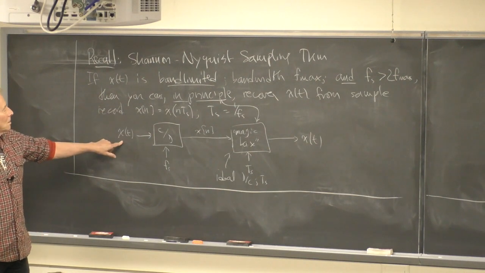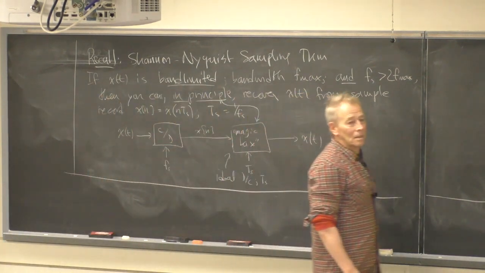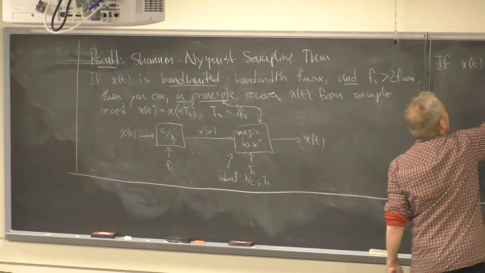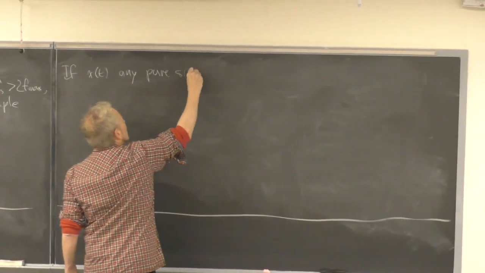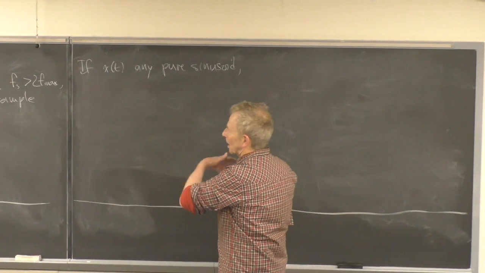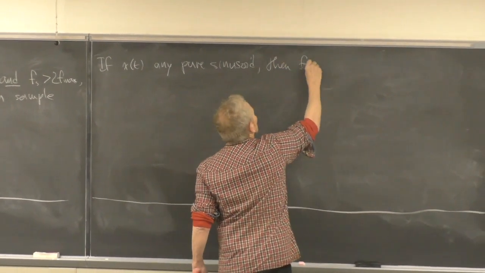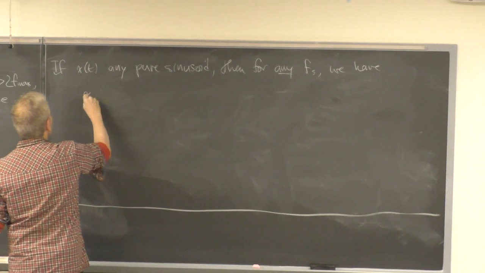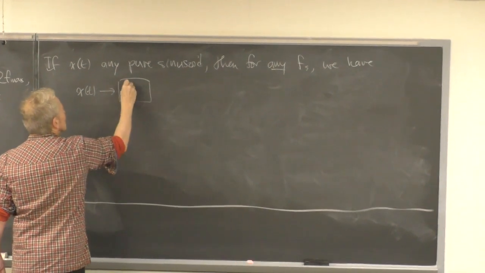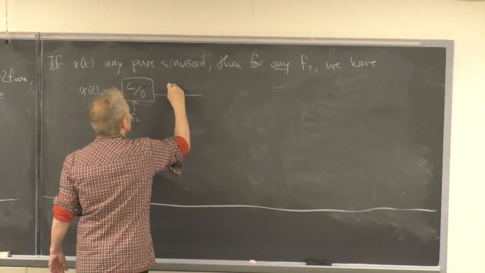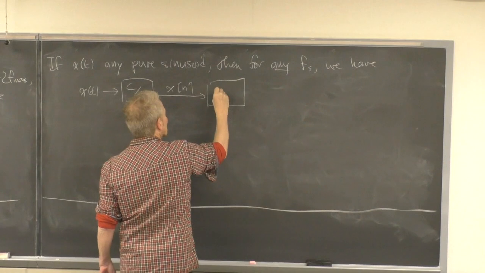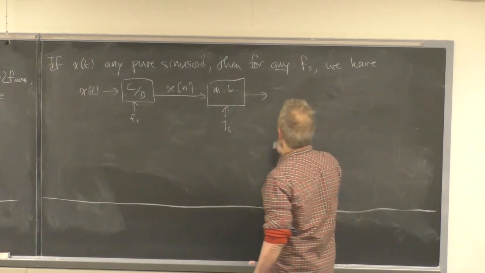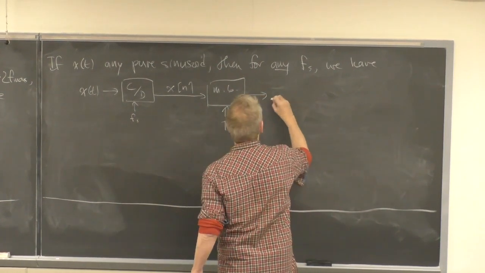More generally, if x(t) is just any pure sinusoid, and no matter what fs is, if you take x(t) and put it through that ideal C to D with sampling frequency fs and get x[n] out of it, and put that through the magic box, what comes out is going to be the principal continuous time alias of x(t) with respect to fs.